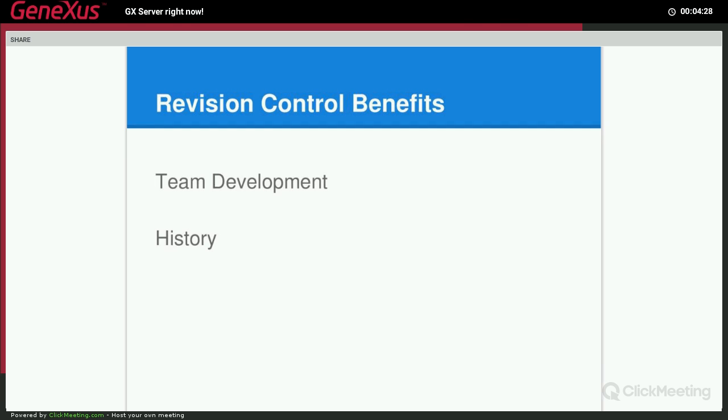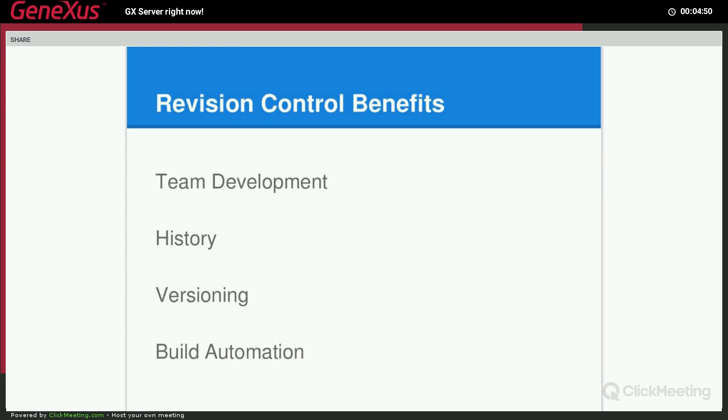One of them is being able to keep track of all the changes you make, to have the history of your project. Also, using GeneXus Server, you have a way to manage different versions of the same KB.